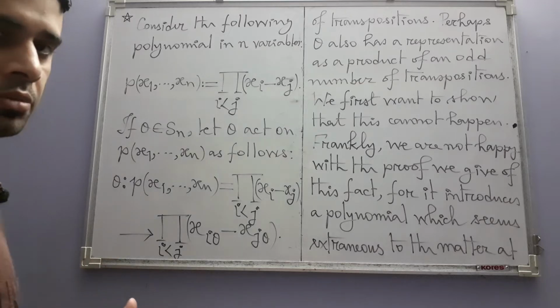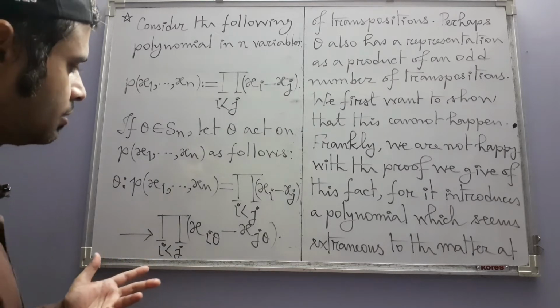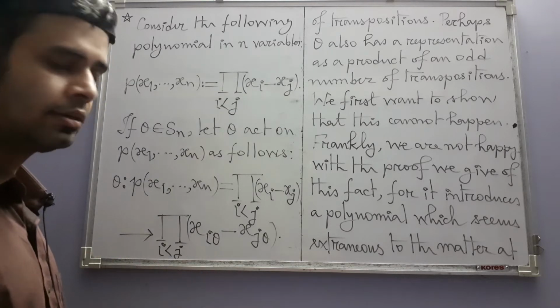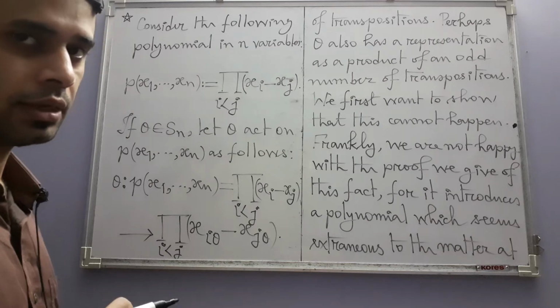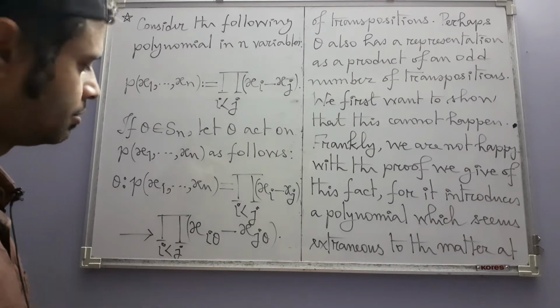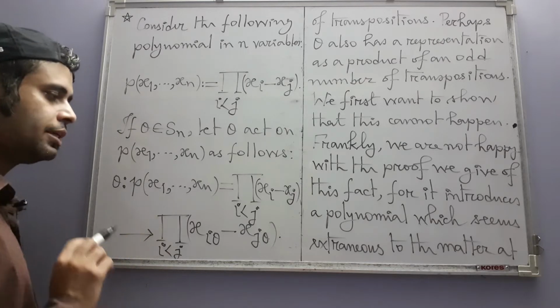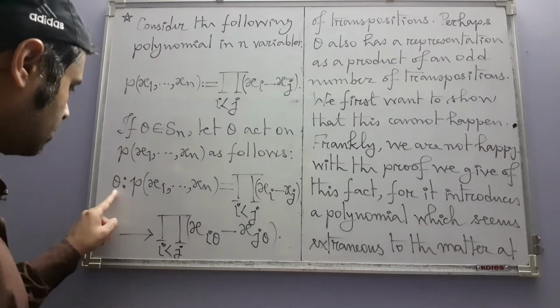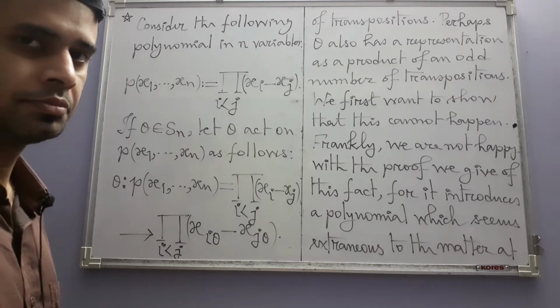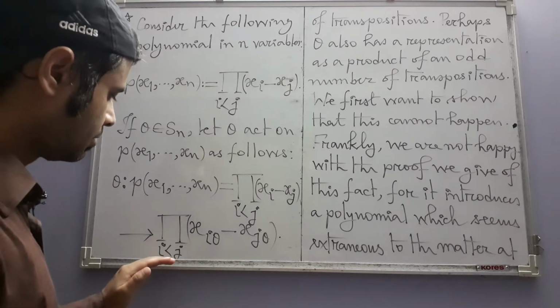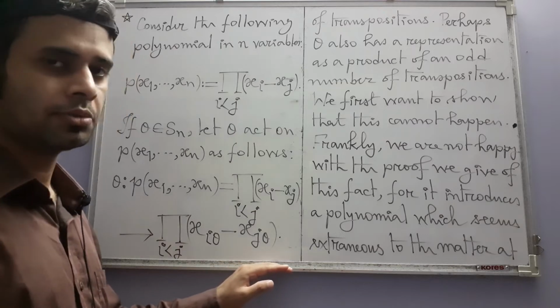So actually what we are writing here, strictly speaking, is that we are defining a sort of function whose input is in fact the permutation theta and the output is this polynomial.